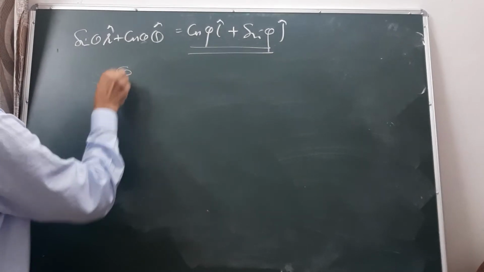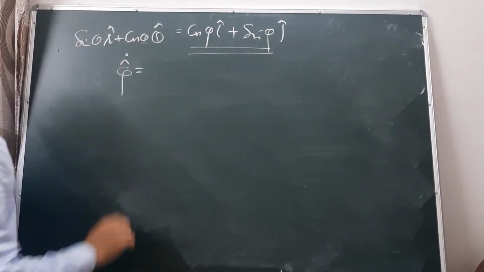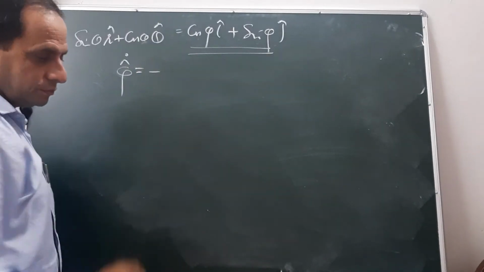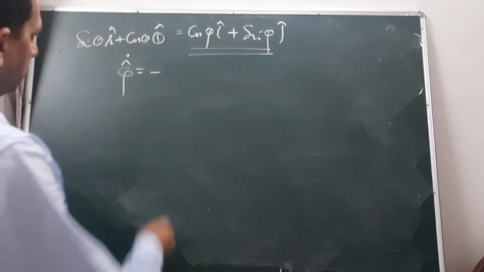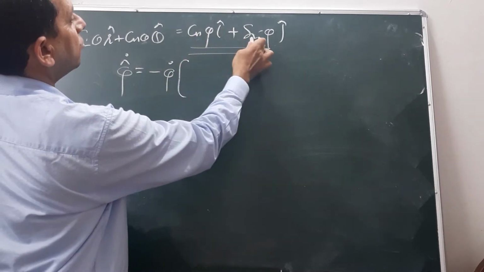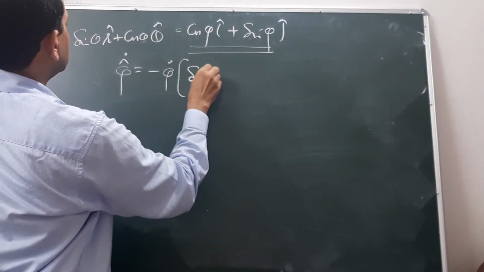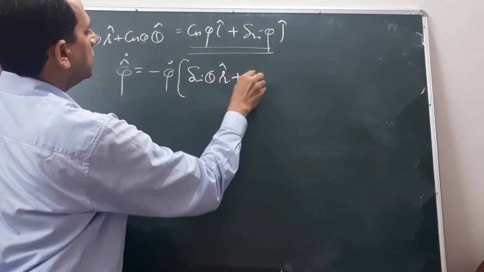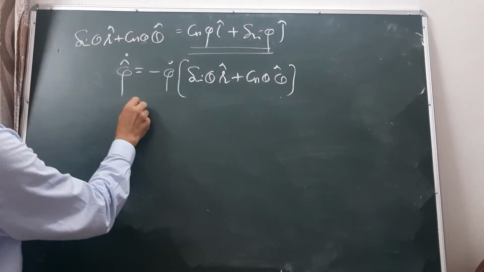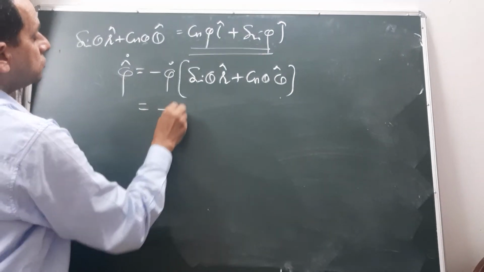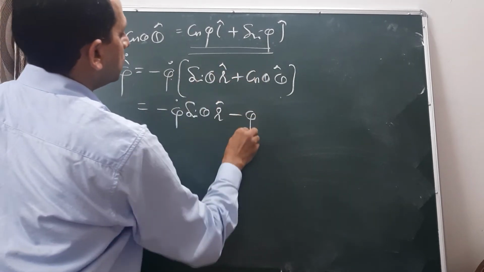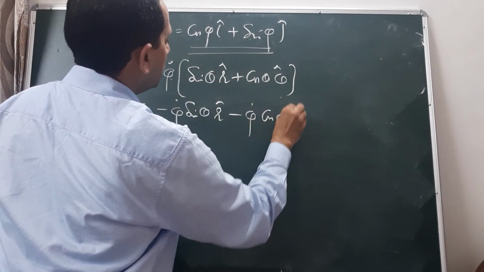We know phi cap dot is equal to minus phi dot into cos phi i plus sin phi j, that is minus phi dot sin theta r cap minus phi dot cos theta theta cap.